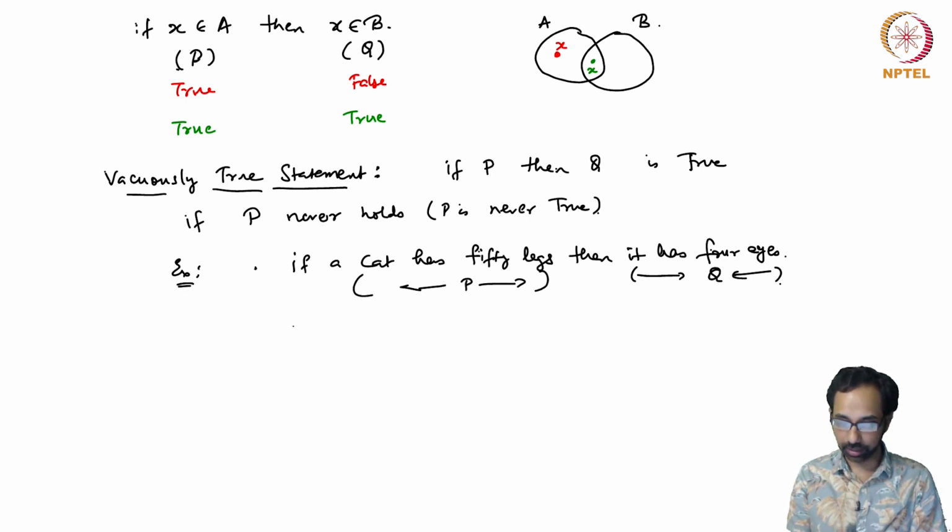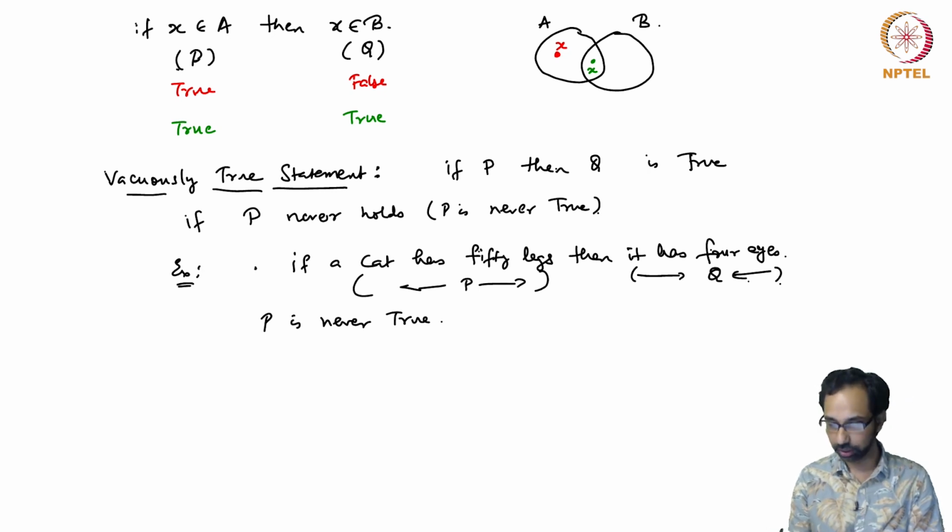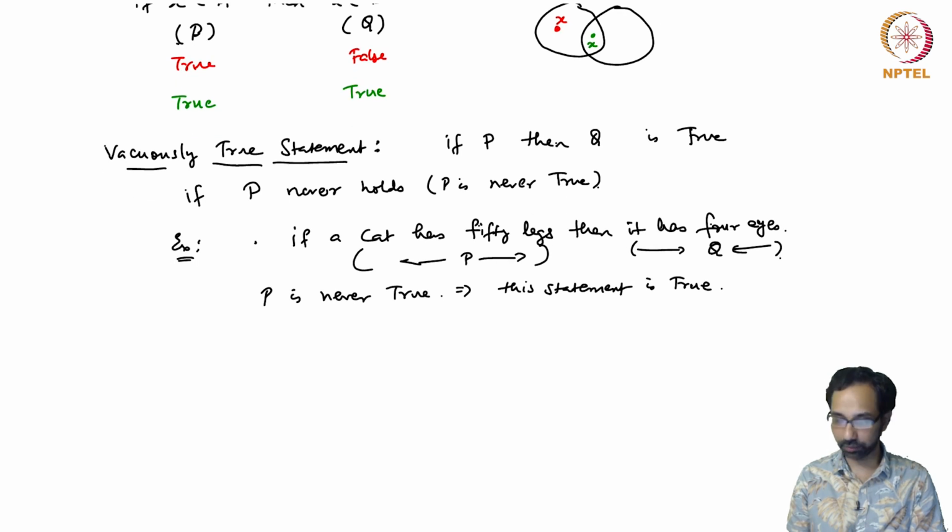And what happens here is that P is never true, and we have never seen a cat with 50 legs, so P is never true. But in this case we hold that the statement is true. So this kind of statement is called a vacuously true statement, okay.